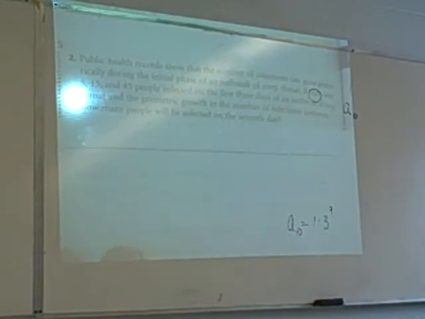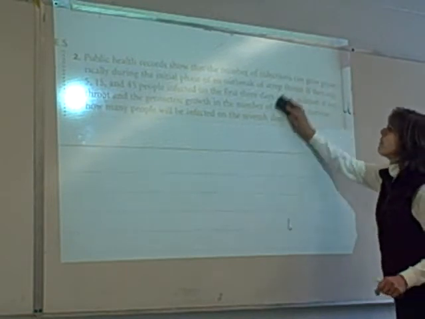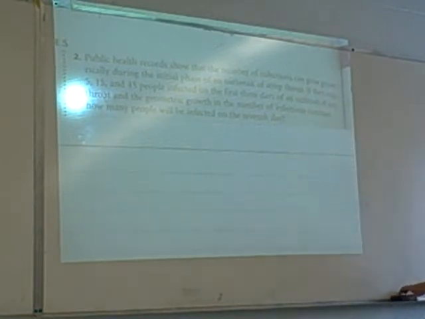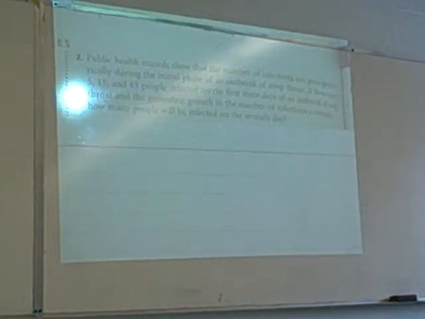infections. All right, so public health records show that the number of infections can grow geometrically during the initial phase of an outbreak of strep throat. If there were 3, 15, 45 people infected on the first 3 days of an outbreak of strep throat, and the geometric growth in the number of infections continues, okay, because you have to be careful, do all things continue at the same rate?